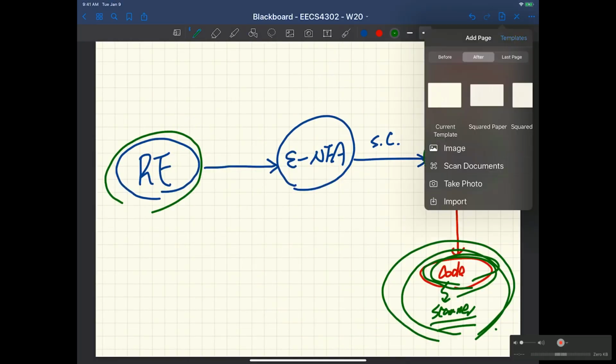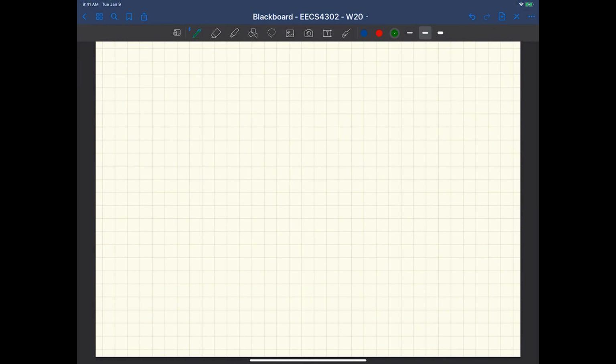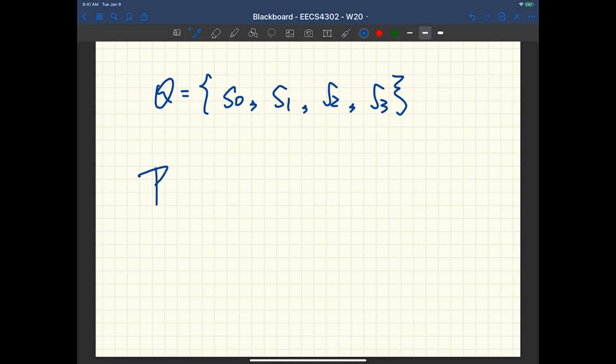So now, think about, for example, if the Q of your DFA is simply, let's say, S0, S1, S2, S3, let's say you got 4 states over here. When I say a potential P, think about how you can partition the set of states.